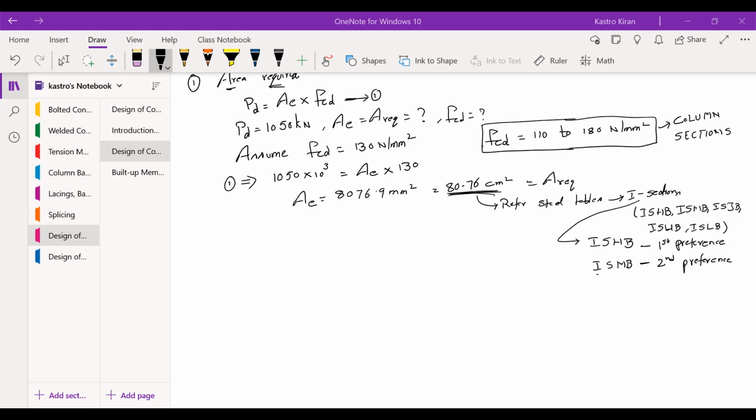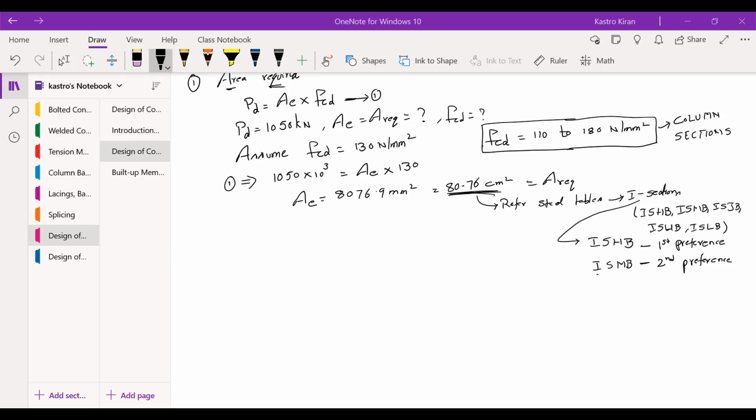Here you can see, all these are ISHB sections. What we need is 80.76. For ISHB 300, you have 80.25. But for ISHB 350, we have 85.91 square centimeter. What we require is just 80.76. So you should always provide a section whose area is greater than or equal to the required area.